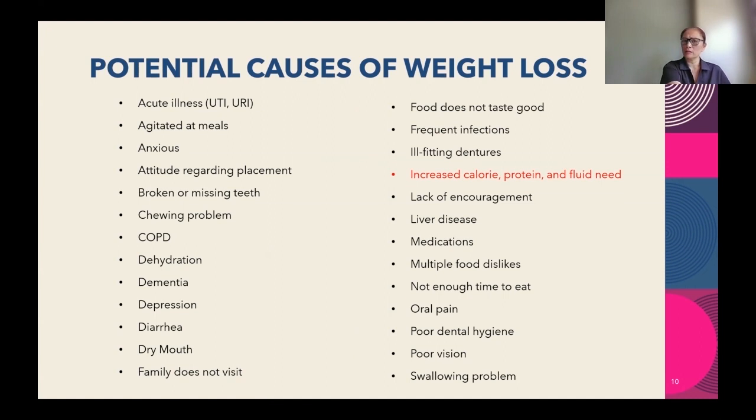So then, would increasing food and ONS be an appropriate intervention, or would it be more like, okay, we'll need to work with the dentist or something to that regard?